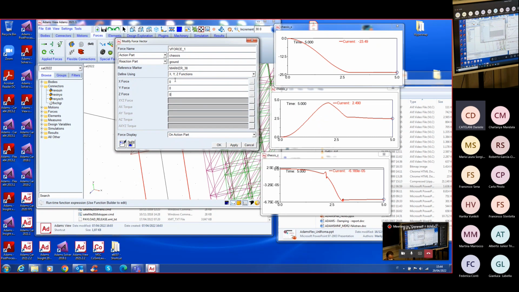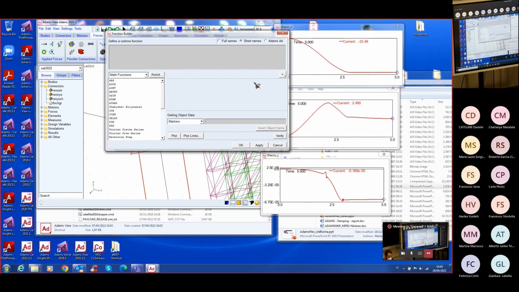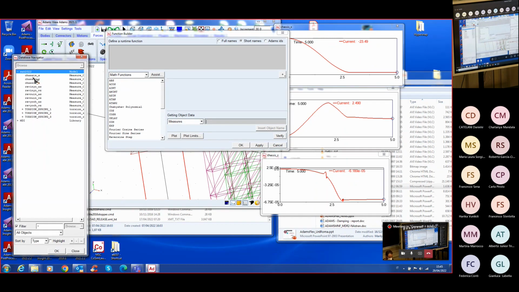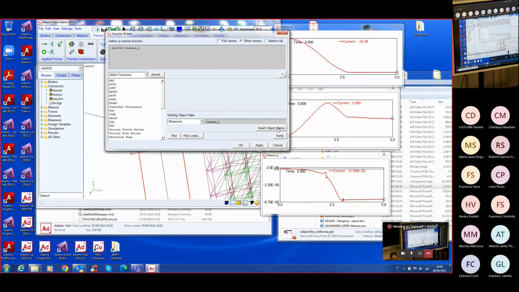In this function, you create your control system. For the X, I select the measure of the chassis along X, and I multiply this measure by, for example, a gain equal to -1000.